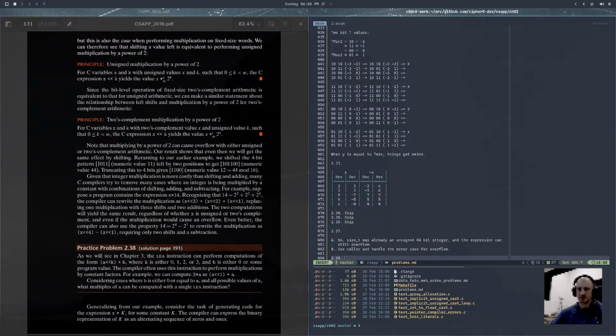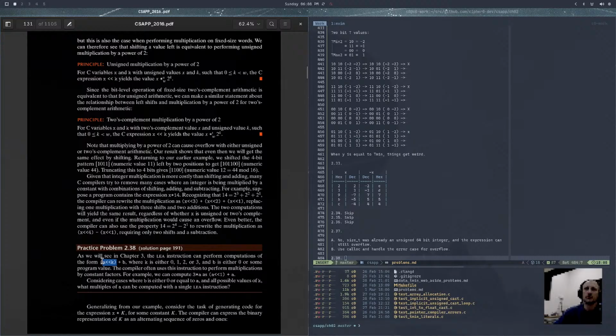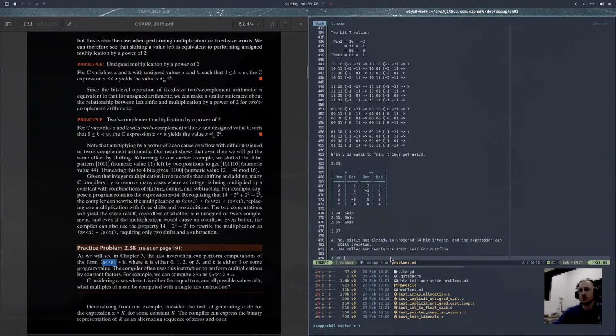Well, you'll have the term here. So b is 0, or equal to a itself. What multiples of a can be computed with a single LEA instruction?